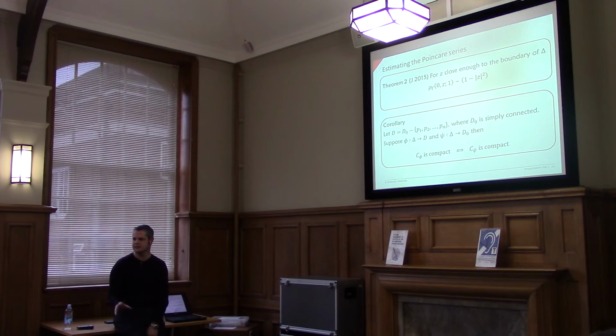The Poincare series is easier to get a handle on, because for the Poincare series you're talking about iterates of a group. So they're fairly well understood, and it's about the dynamics of the group as well.